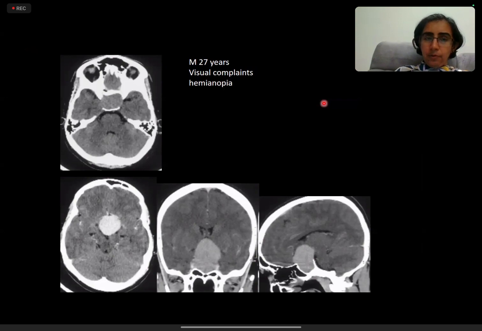Okay, so this is a young male who presented with visual complaints, and this patient underwent perimetry and was diagnosed to have hemianopia.